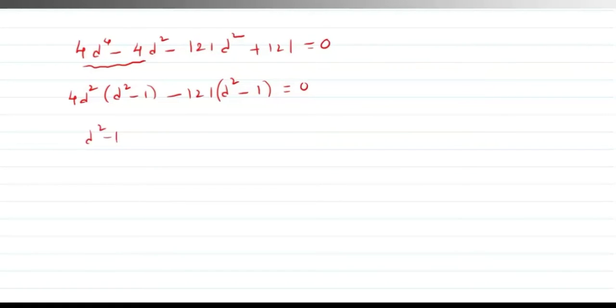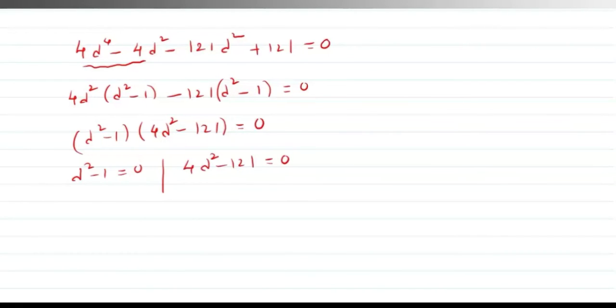So (d square minus 1)(4d square minus 121) is equal to 0. So d square is equal to 1, d square is equal to 121 by 4. So d is equal to plus or minus 1, d is equal to plus or minus 11 by 2.